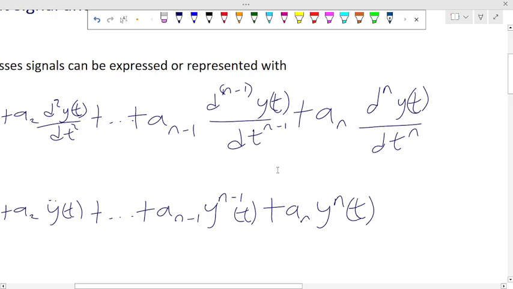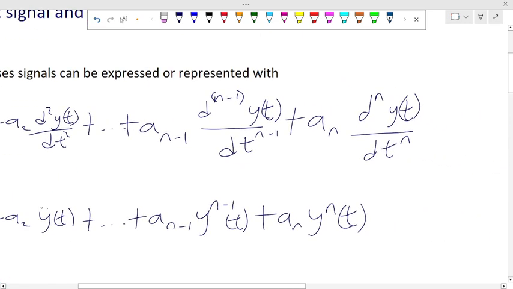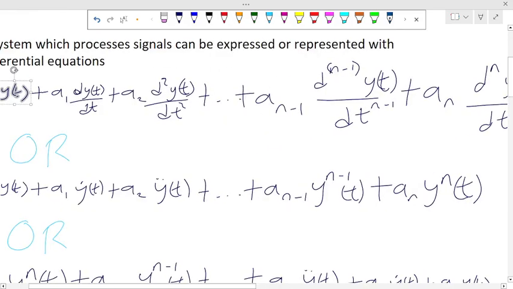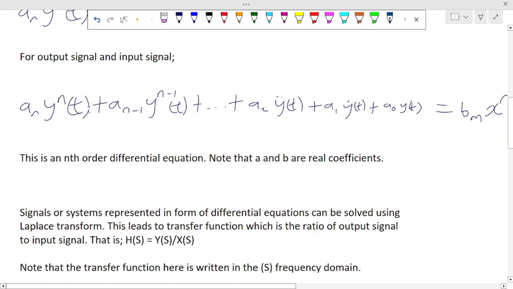If we have differentiation that has the highest power as 2, that's second order. If the highest power is 1, it is first order. But in this example here, the highest order is n, so this is an nth order differential equation. If you look down, I think I wrote something like that here. Yeah, so this is an nth order differential equation.